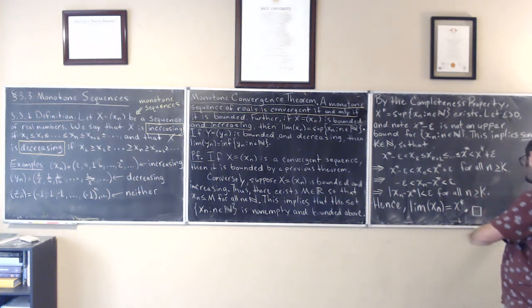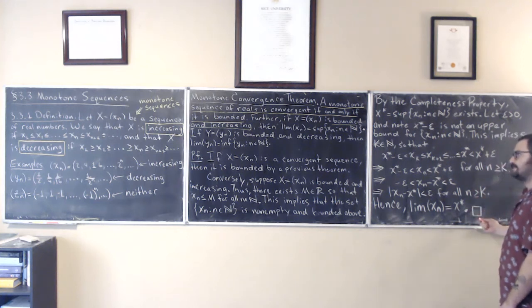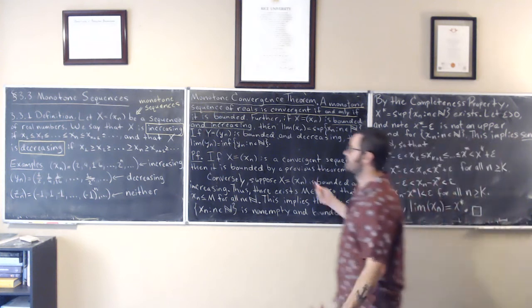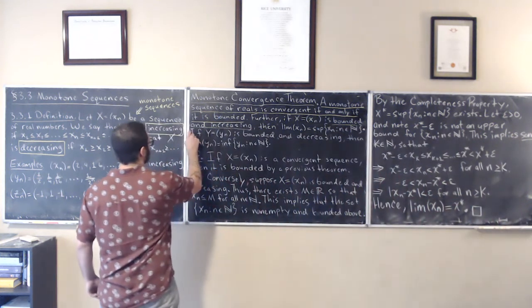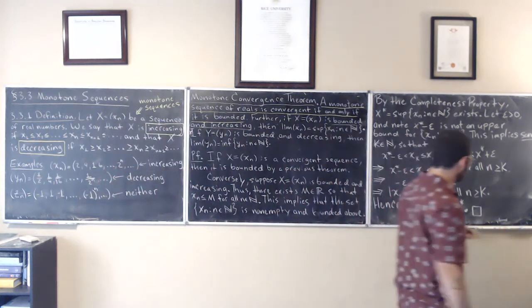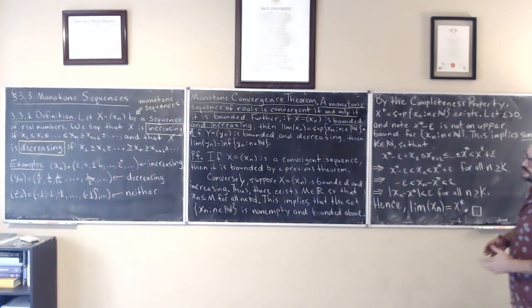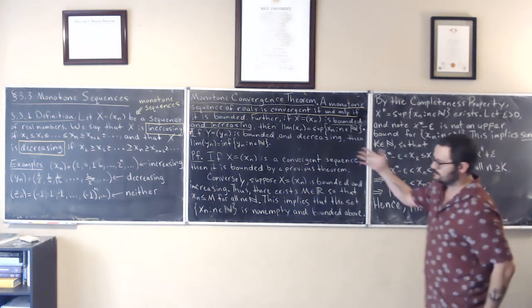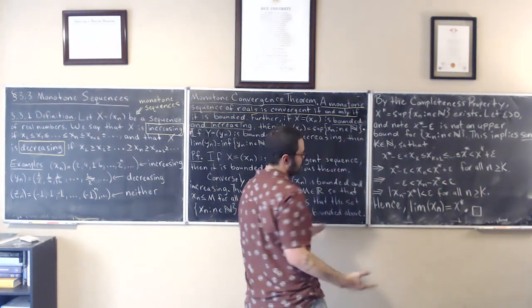Now technically, we're not really done because we haven't proven the infimum version for the decreasing sequence that is bounded. But I would suggest that you try this on your own, mimicking this proof. So you could do it in two ways.